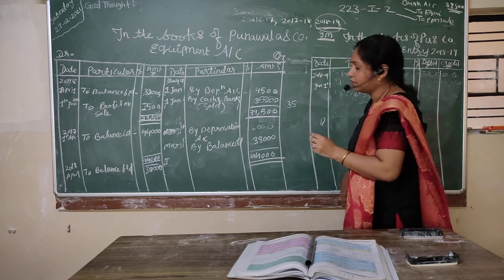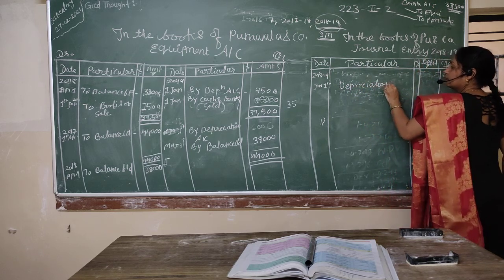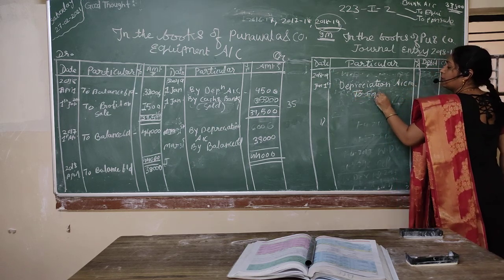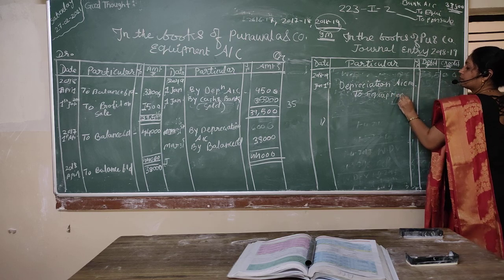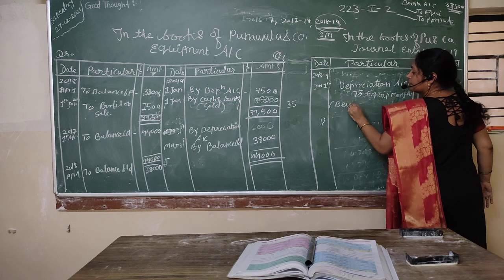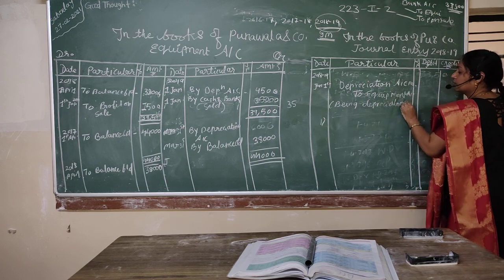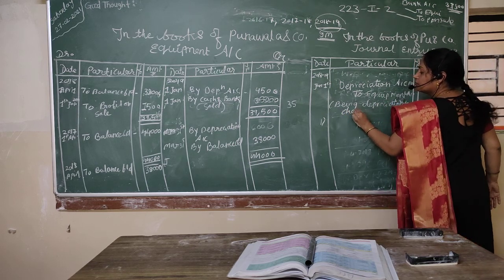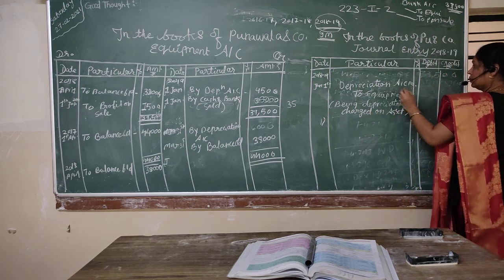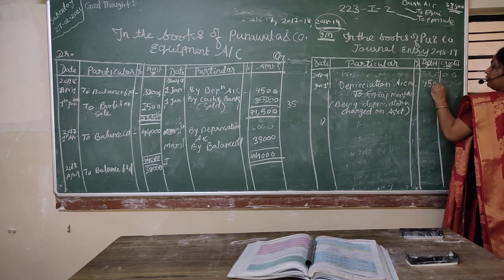First we will record the depreciation charge entry: depreciation account debit to equipment account, being depreciation charged on asset. What is the depreciation amount in the third year? That is 4,500.